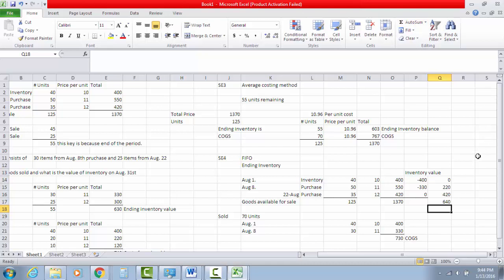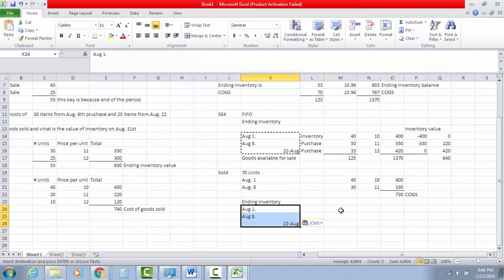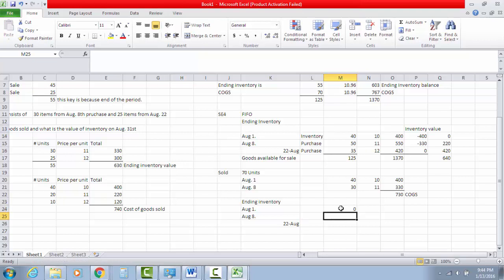Now, how could you do that differently? If you don't like that approach, here's how you do it differently. You can then do ending inventory. We know from our dates we have 0 units of August 1st inventory, so we ignore that. August 8th, we only have 20 because we have 50 less the 30 we've sold. And remember, those were all priced at $11.